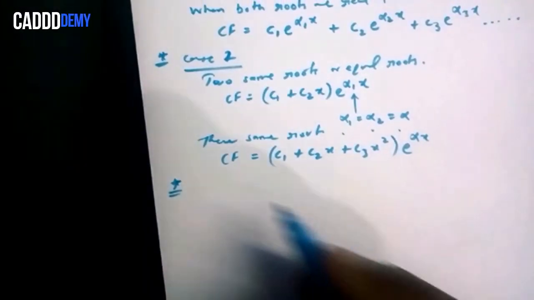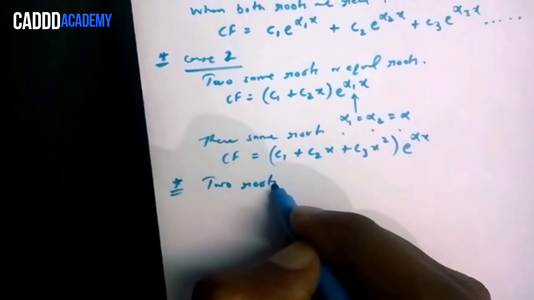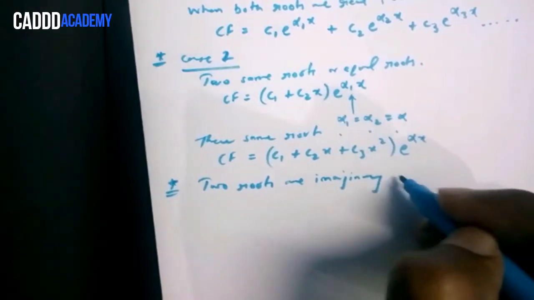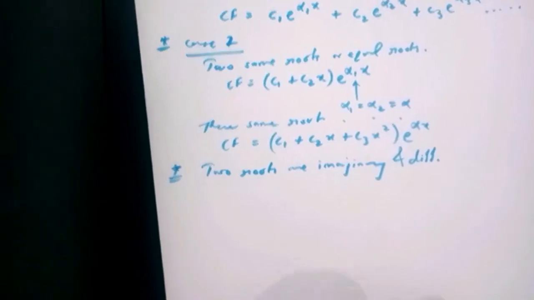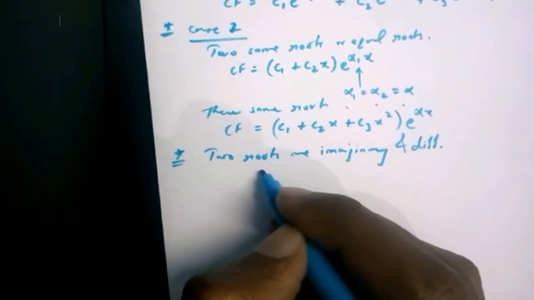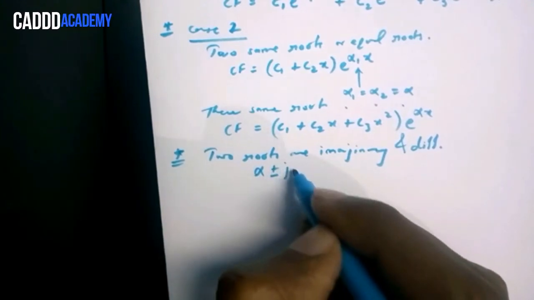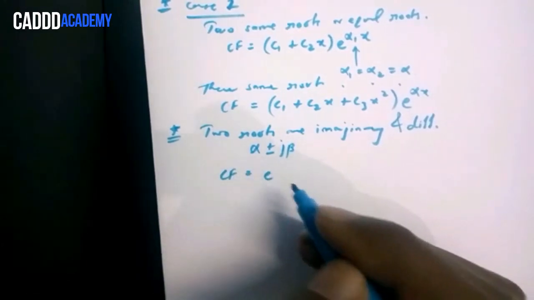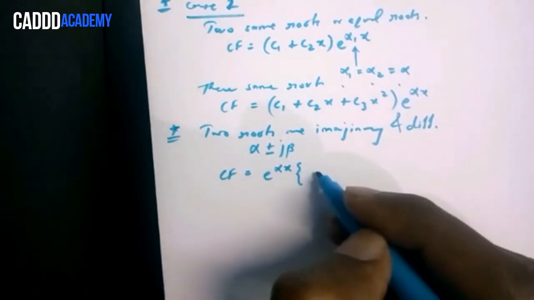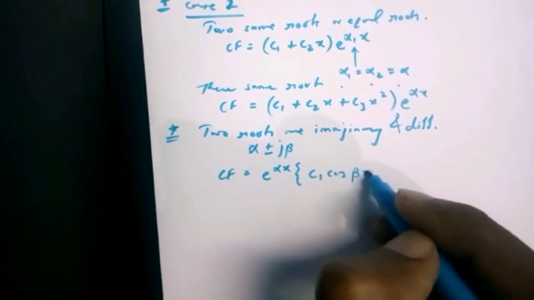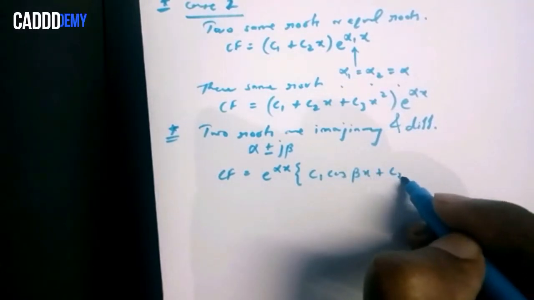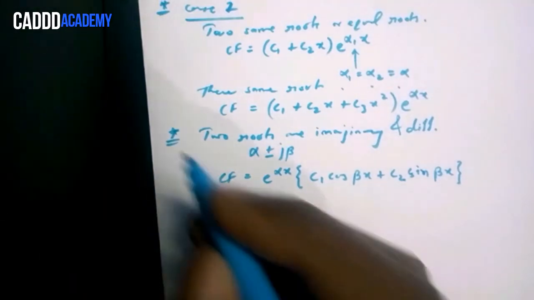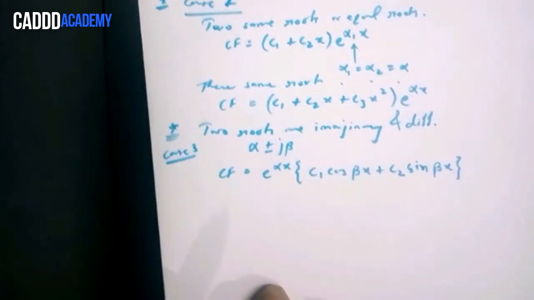At that time, for two roots that are imaginary and different, let's say the roots are alpha plus minus j beta, then the complementary factor will be e to the power alpha x into C1 cos beta x plus C2 sin beta x. So this is case 3.